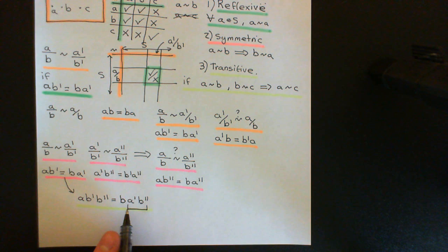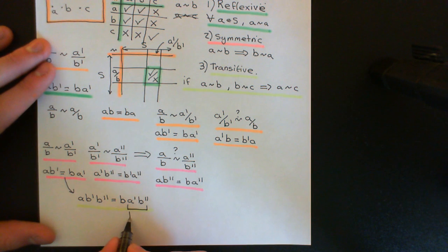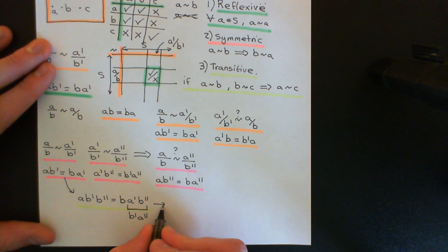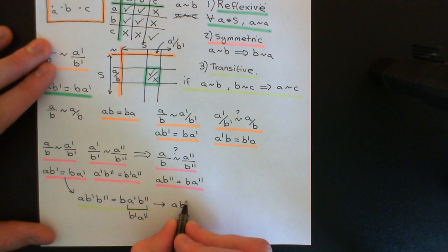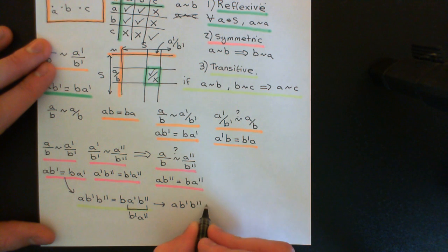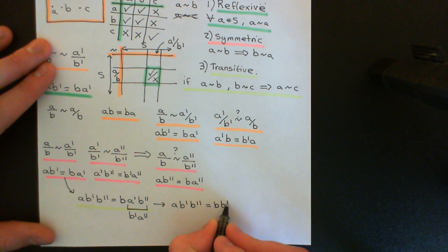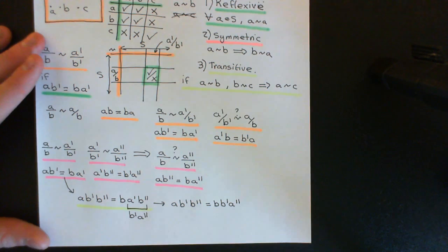Now I can replace a prime b double prime with b prime times a double prime there. And then what I'm going to end up with here is a times b prime times b double prime is equal to b times b prime times a double prime.